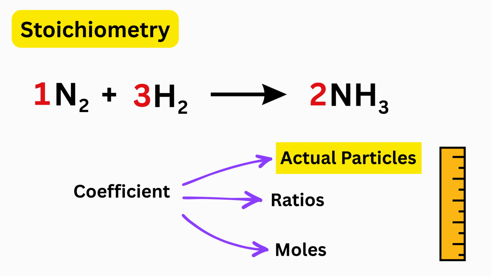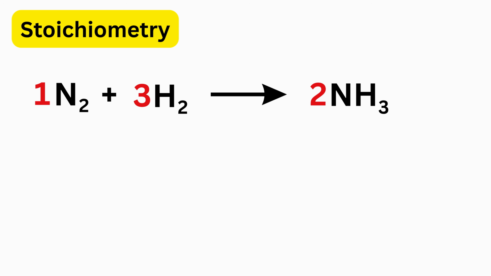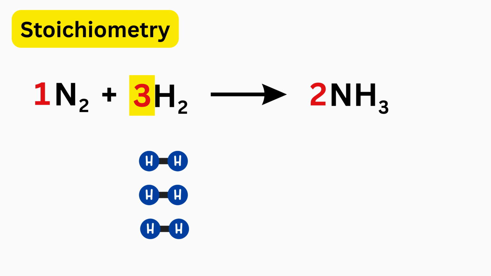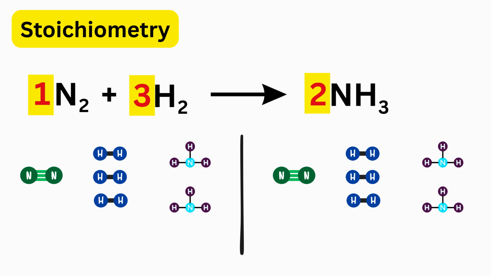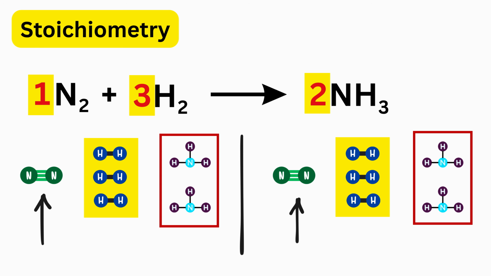Let us first think in terms of molecules. The balanced equation tells us that 3 hydrogen molecules react with 1 nitrogen molecule to produce 2 ammonia molecules. They tell us how many molecules are participating in the reaction. Now suppose we double everything. Instead of 3 hydrogen molecules, imagine 6 hydrogen molecules. Then we would need 2 nitrogen molecules and would obtain 4 ammonia molecules.